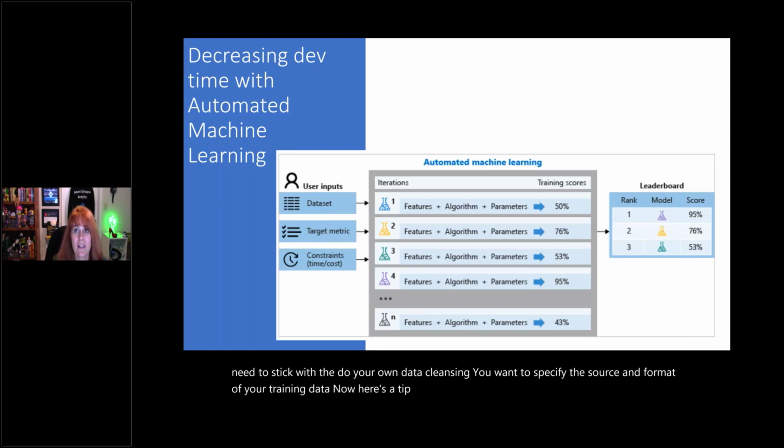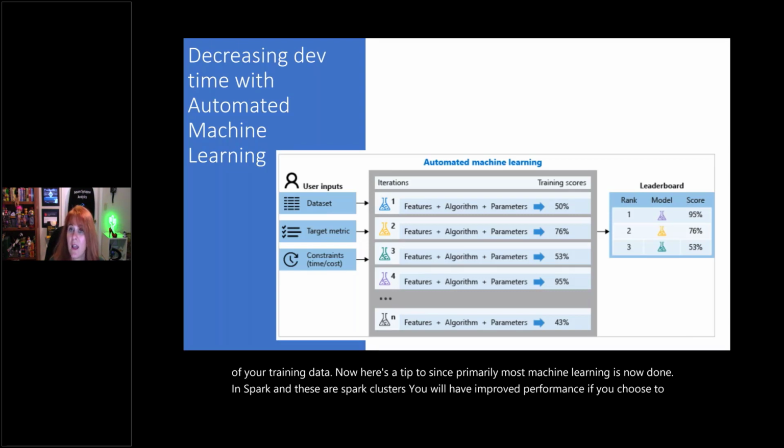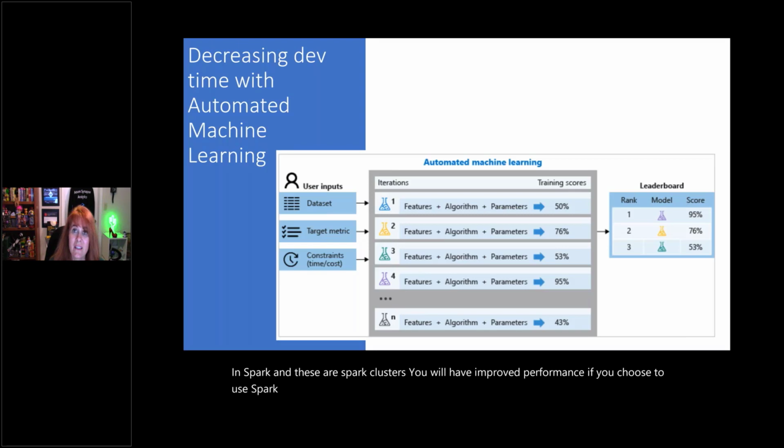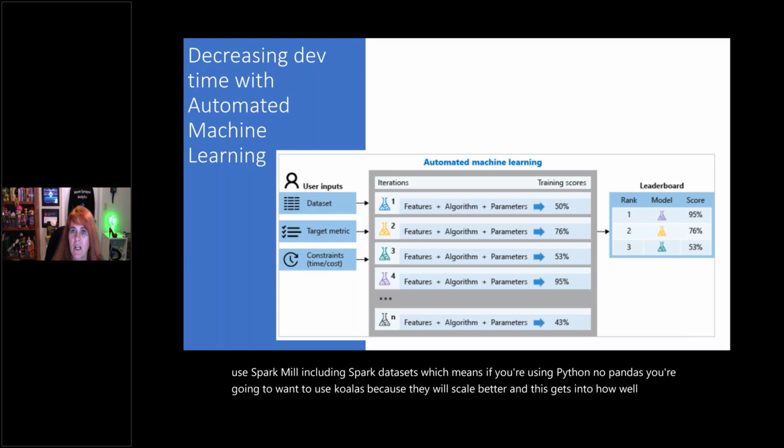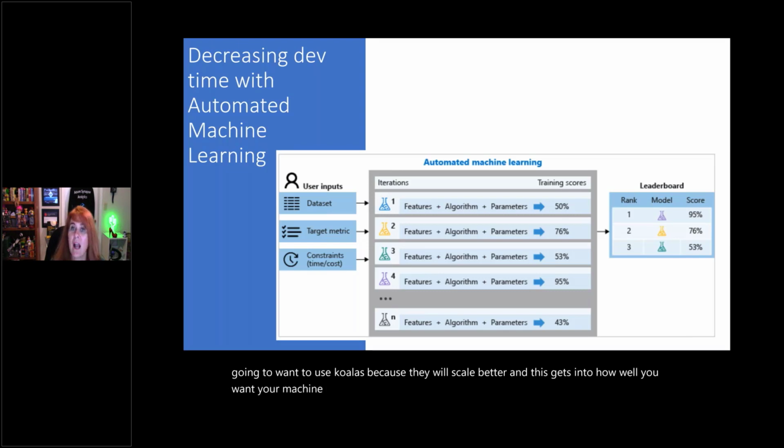Since most machine learning is now done in Spark, and these are Spark clusters, you will have improved performance if you choose to use Spark ML, including Spark ML datasets, which means if you're using Python, no pandas, you're going to want to use Koalas because they will scale better. And this gets into how well you want your machine learning model to perform, how well it can operate over a number of different clusters.